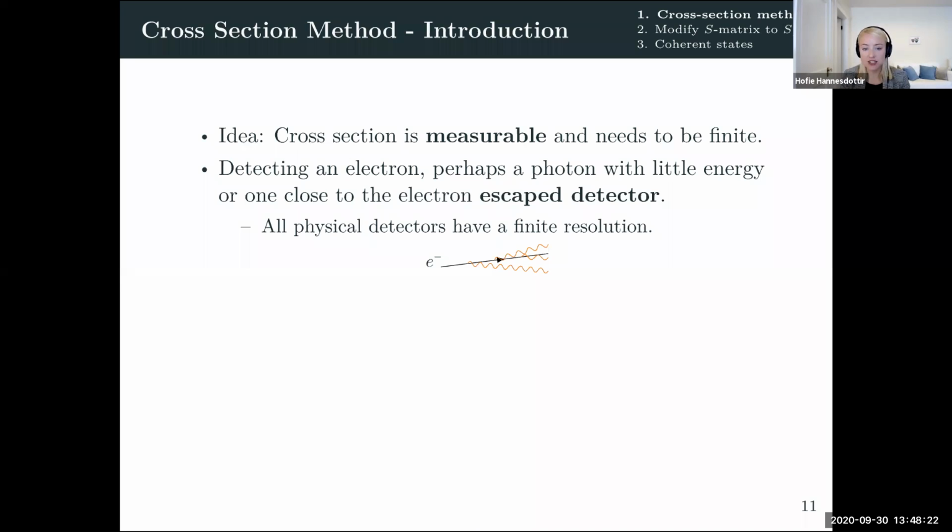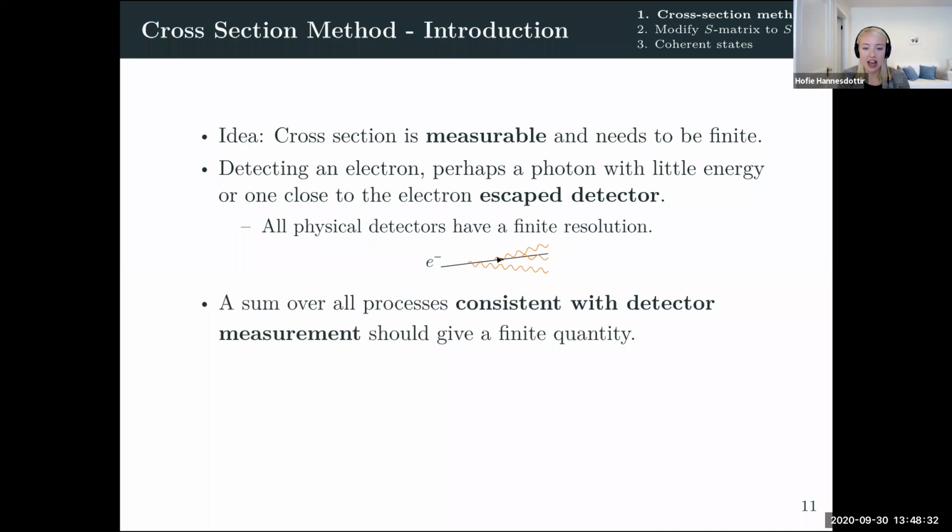And all physical detectors have a finite energy resolution. So if our photon energy is just below that resolution, we won't detect it even though it was there. And then the idea is that if we sum over all such processes that are consistent with our detector measurement, then we should get a finite quantity.